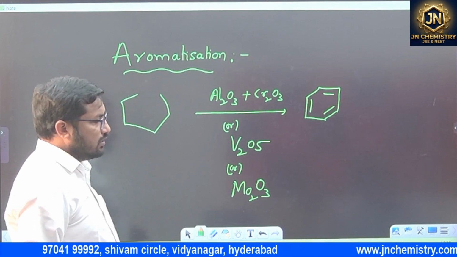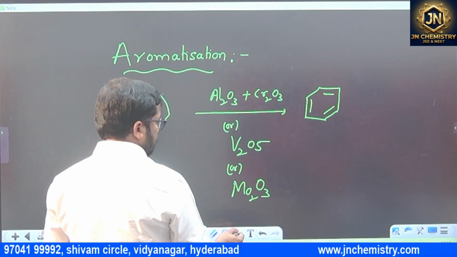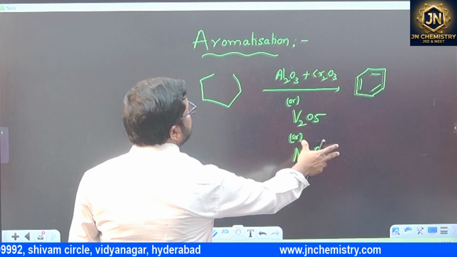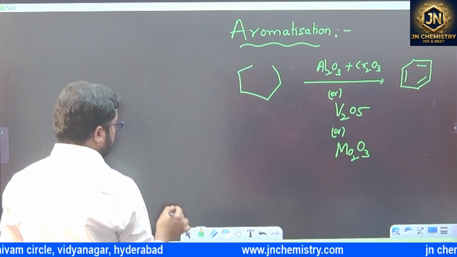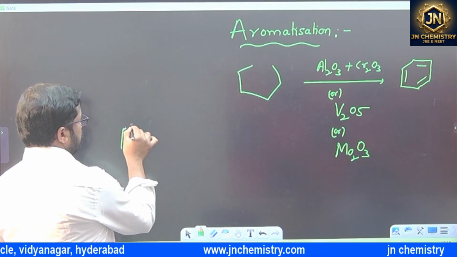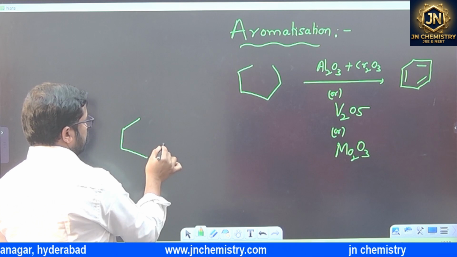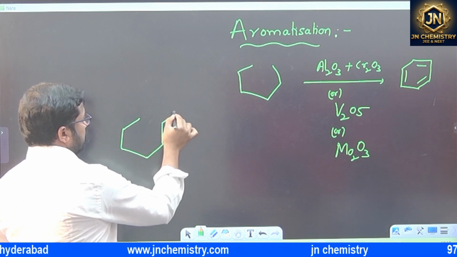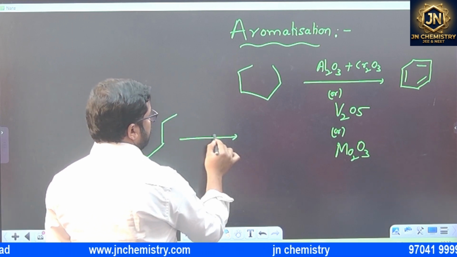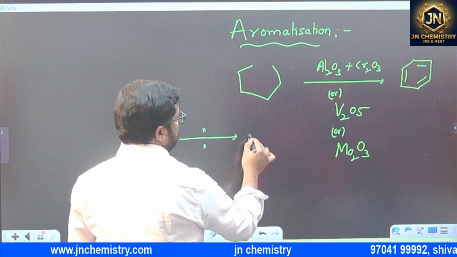That is a 6-membered ring. If you are taking 7 carbons, what exactly happens? We'll get toluene.